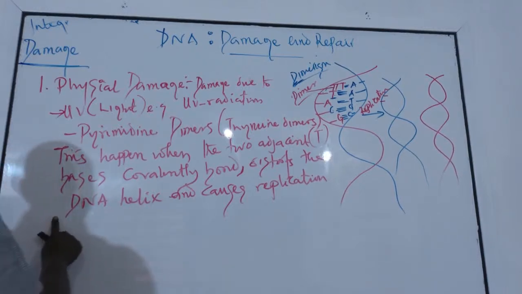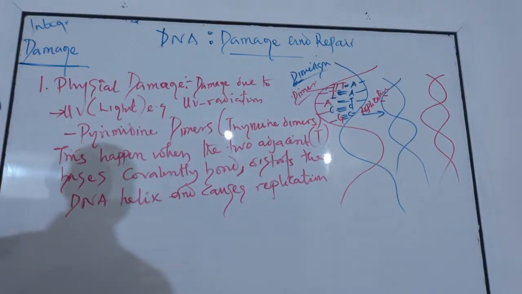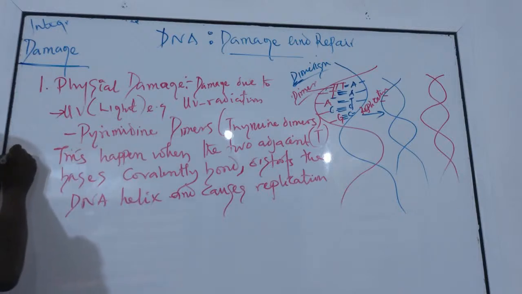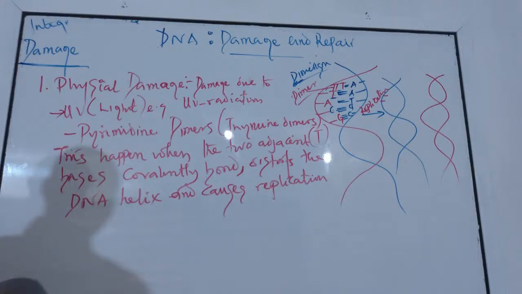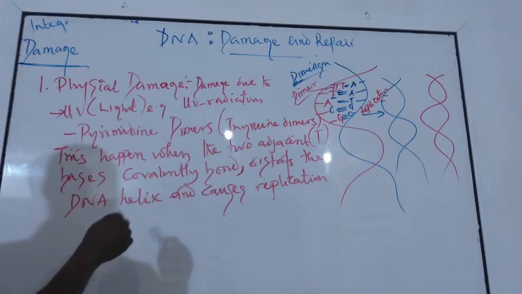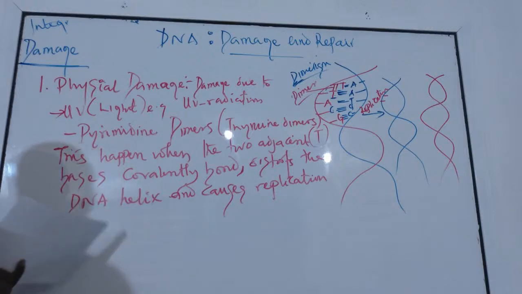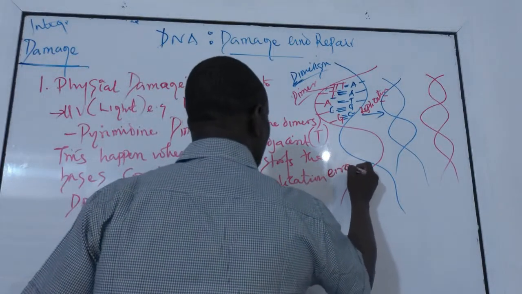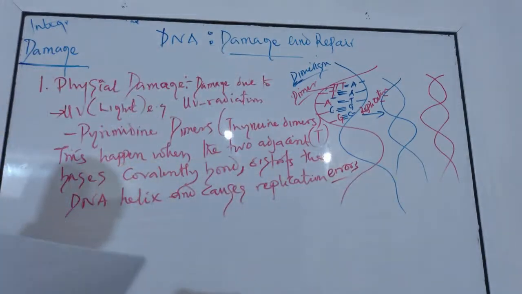Once the structure of the DNA has been disturbed, you know what is going to follow. During replication, it is going to distort the helix and thereby cause replication errors.